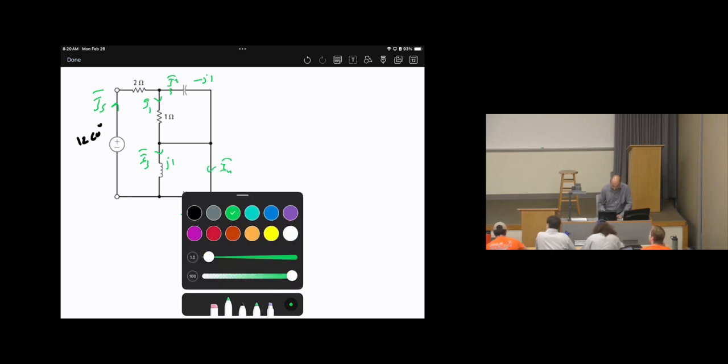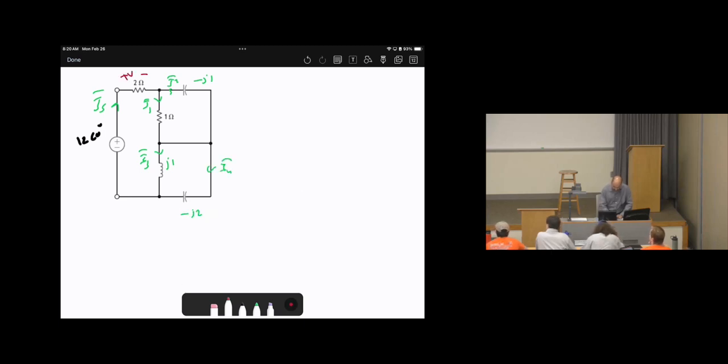And regarding the voltages, we know VA bar, VB bar, VC bar, VD bar, and VE bar. This is the assumption. I just redrew the circuit.